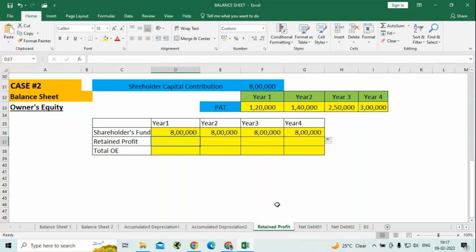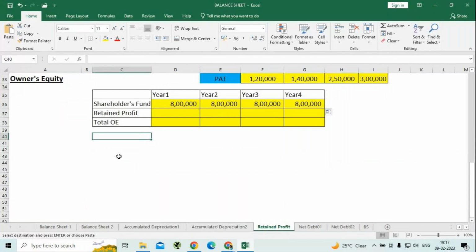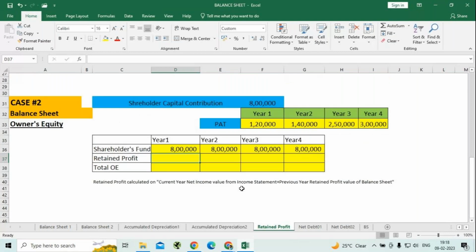Try to find the answer. I'll put the statement over here also so that it may be helpful to you to read out and give me the answer. Let me hope any one person can try.